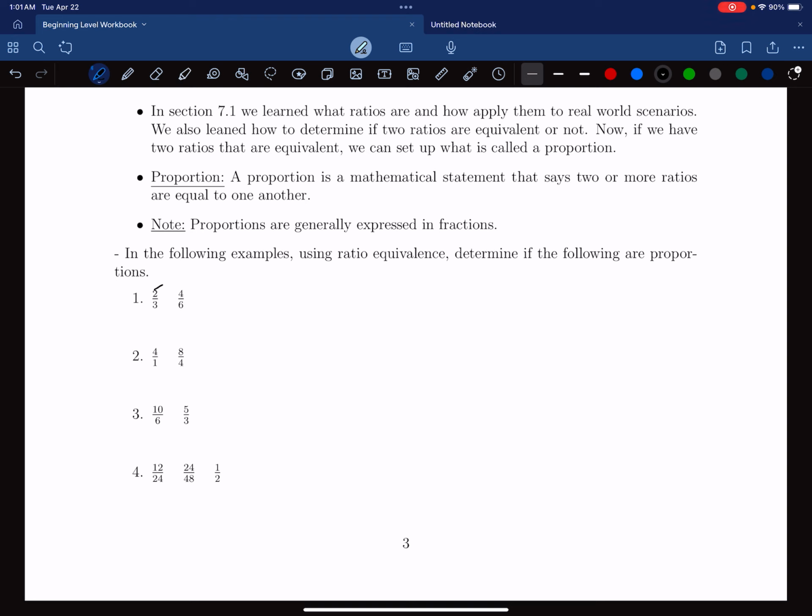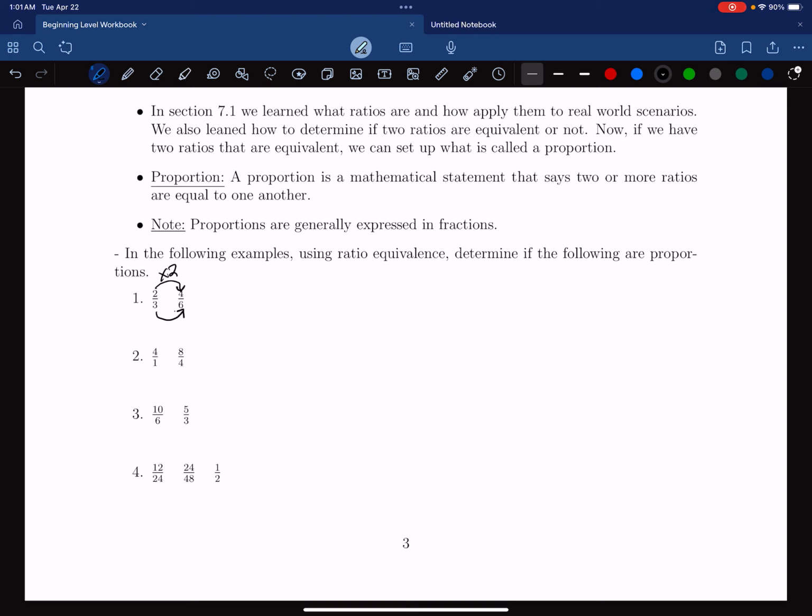So my first step is to see if there's a common number that we can multiply both the numerators and denominators by. If we look at this, we have to think to ourselves, what would we multiply or divide 2 by to get to 4? If you're thinking, well, you can multiply 2 by 2 to get to 4, you are correct, because 2 times 2 is 4.